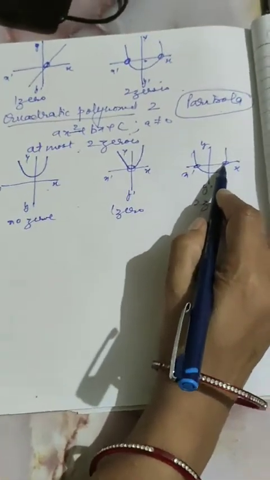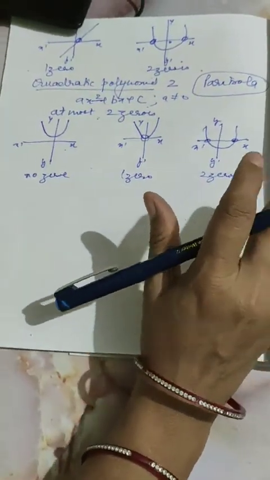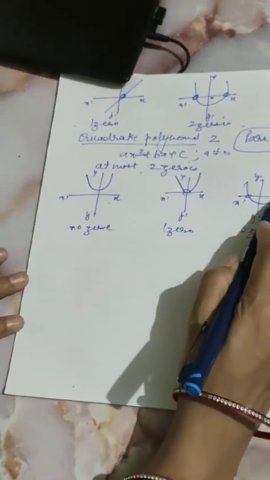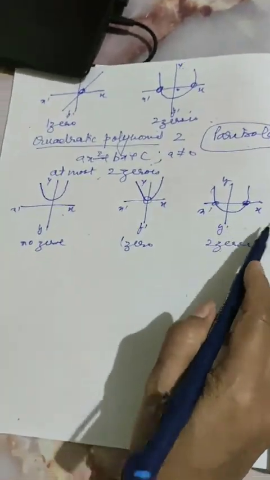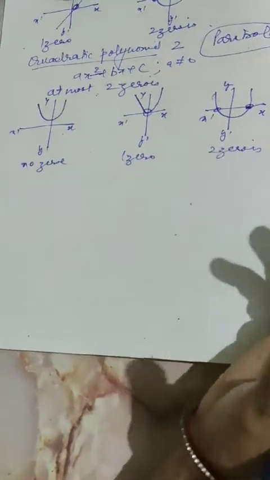And the abscissa of the point will give the zero of the polynomial. So I hope you understood. Geometrically, it is the x coordinate of the point at which the graph intersects the x-axis, and the number of times it will intersect, that many zeros the polynomial is having. Clear?